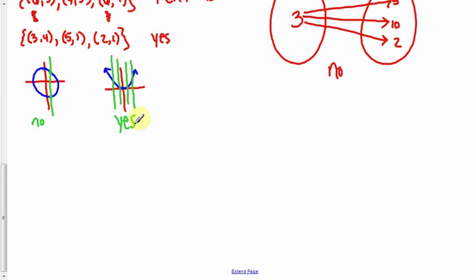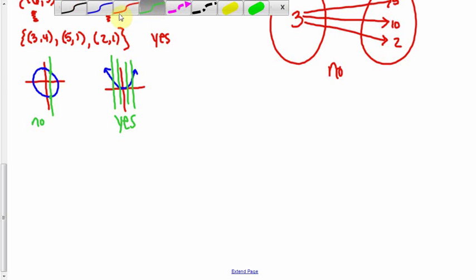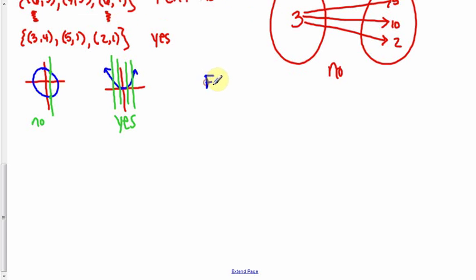Okay? Now we're going to talk about function notation. Again, notation is a way that you write something. Okay? So function notation is when you see f of x.